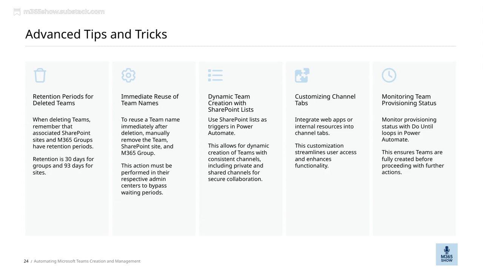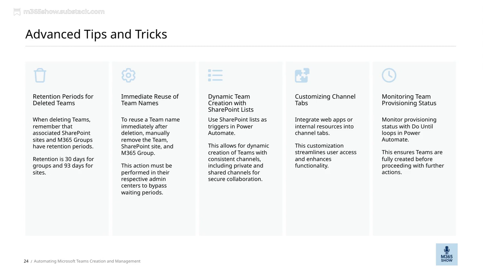You have to remove the team, the associated SharePoint site, and the M365 group through their respective admin centers. This bypasses the usual waiting periods for resource cleanup. Keep in mind, when deleting teams, the associated SharePoint sites and M365 groups aren't deleted instantly. They have retention periods. SharePoint sites are retained for 93 days, while groups are retained for 30 days.